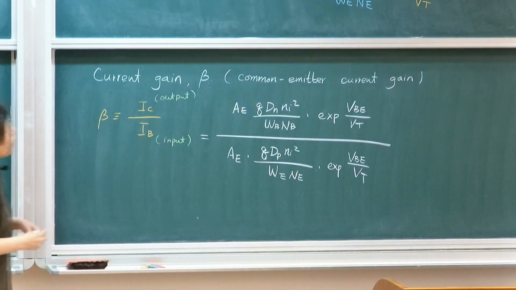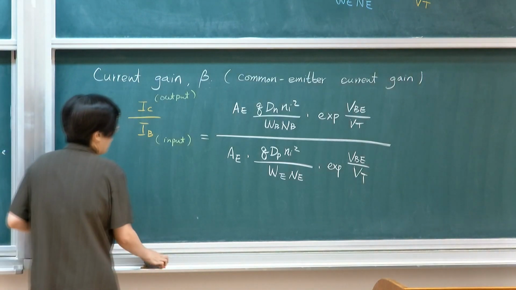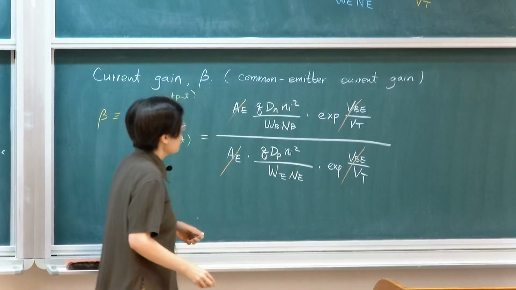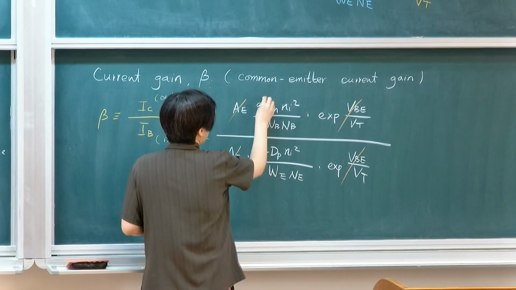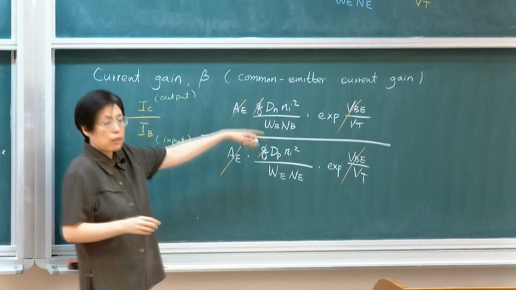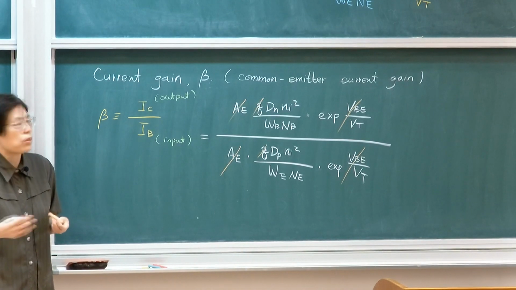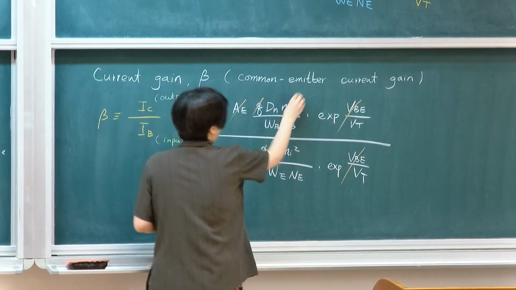If you look at the collector current and the base current, both rise exponentially with VBE, so they have the same voltage dependency. It's the same active area, the same voltage dependency, and not the same constant because of different types of carriers. So the diffusion coefficients are different, and NI squared.